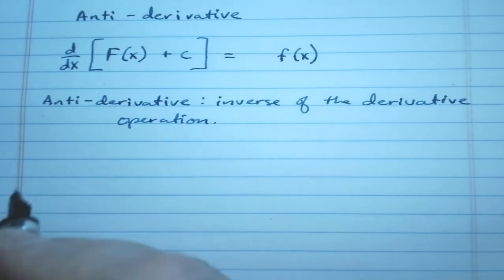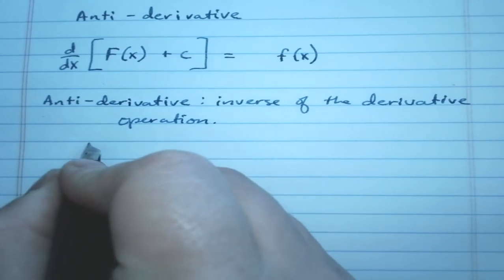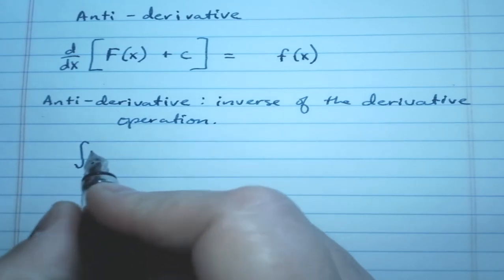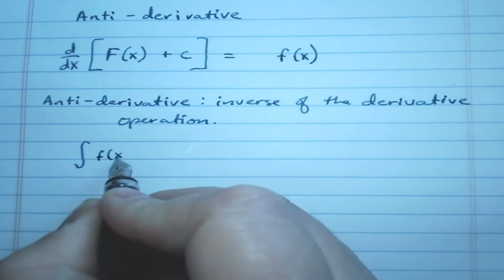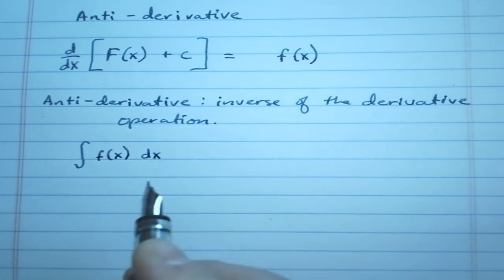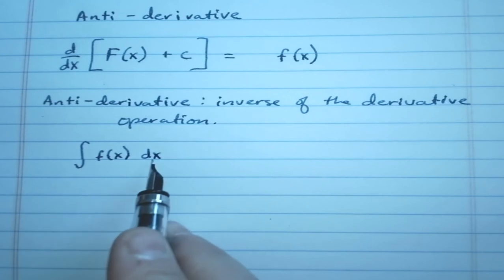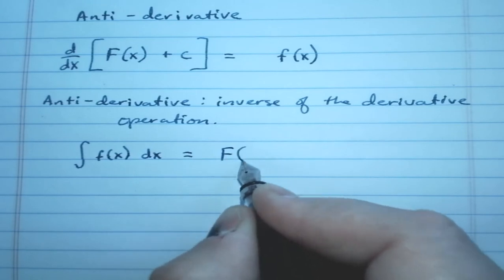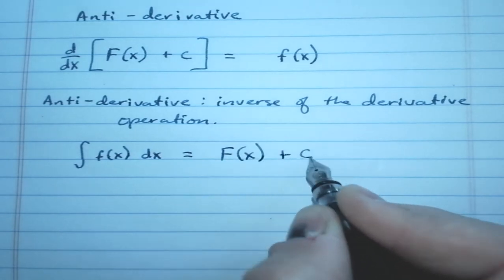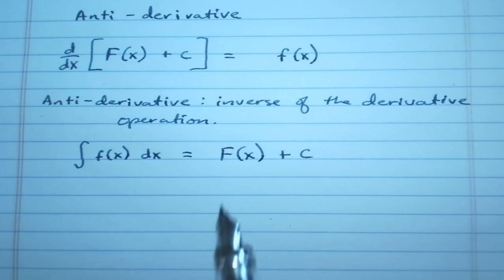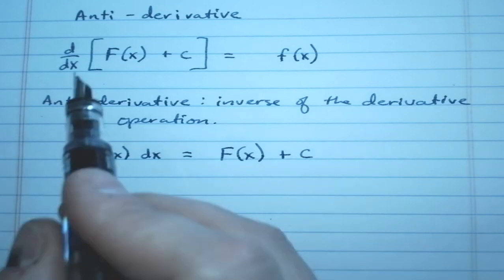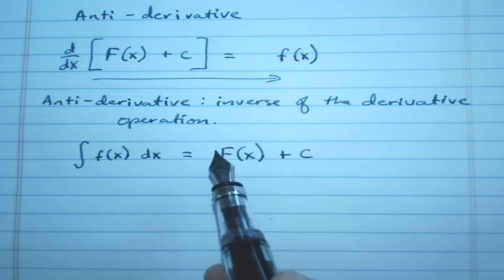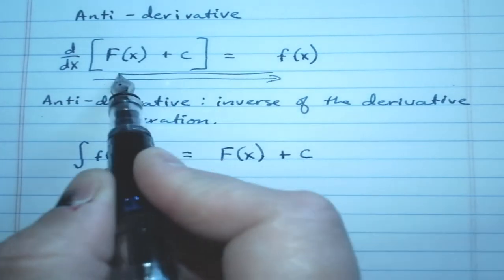And we have a symbol for this. It's this big curly loop, looks like that. That's the antiderivative. And we say the antiderivative of f of x dx, so the antiderivative with respect to x, is equal to a new function plus a constant. So the derivative goes this way, and antiderivatives go this way.